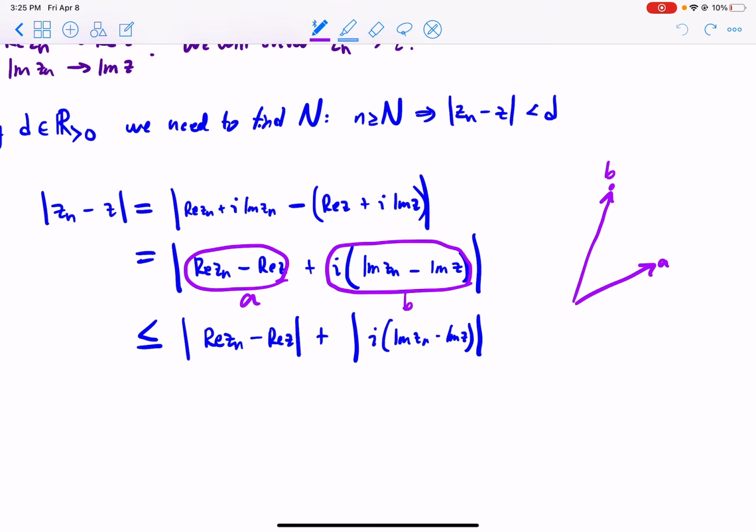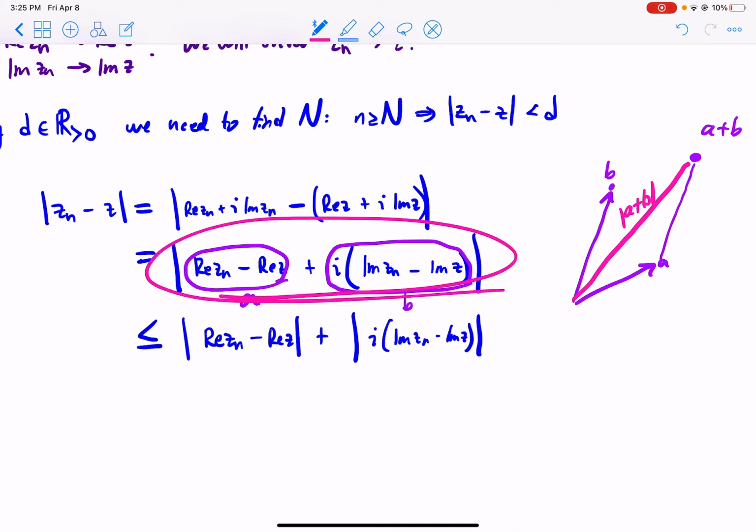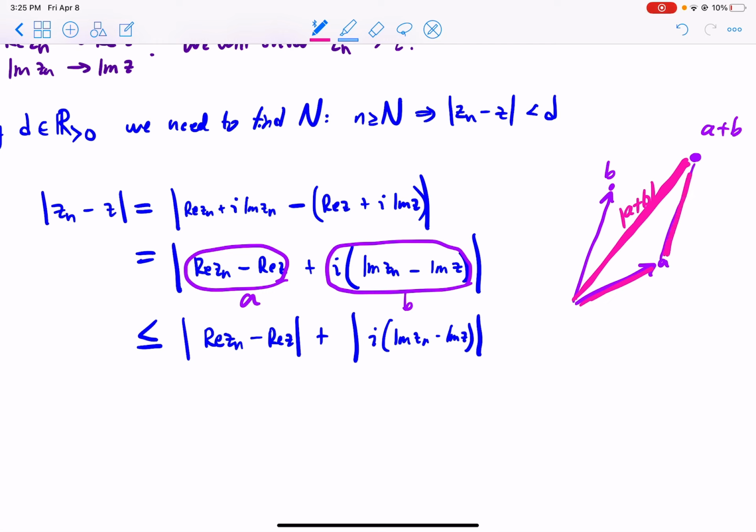A plus B is here. That gives me a triangle. What triangle? This one. This has the length of A plus B. That's exactly this expression. But we know that any one side of a triangle is less than or equal to the sum of the sizes of the other sides. So this is the triangle inequality.